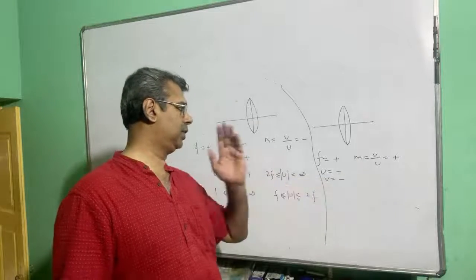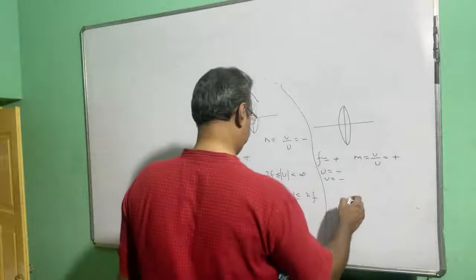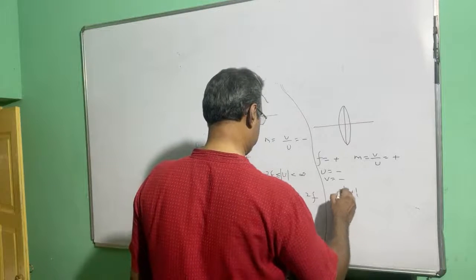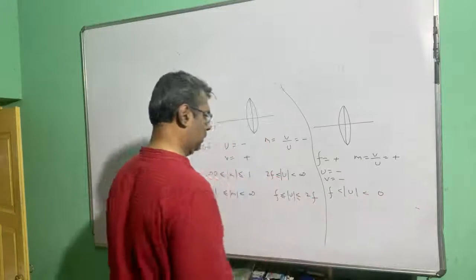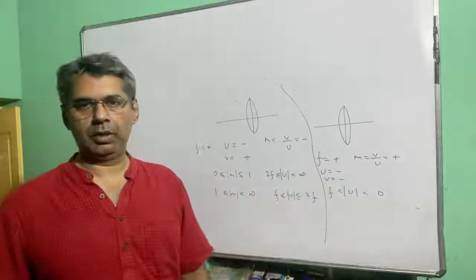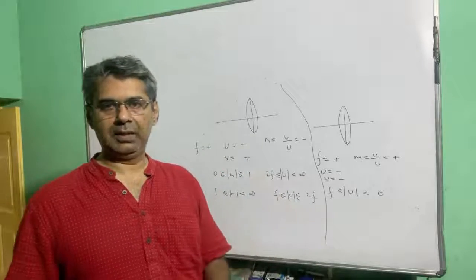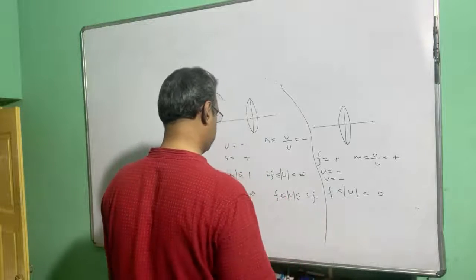So the magnification is positive. So here what happens is the object distance is between the focal length and 0. So the object will be between the focus and the optical center. So the object distance will be between the focal length and 0.